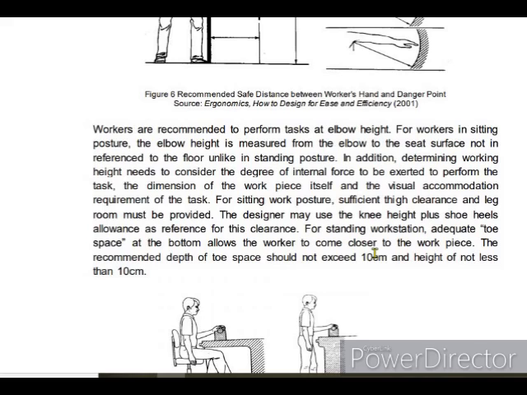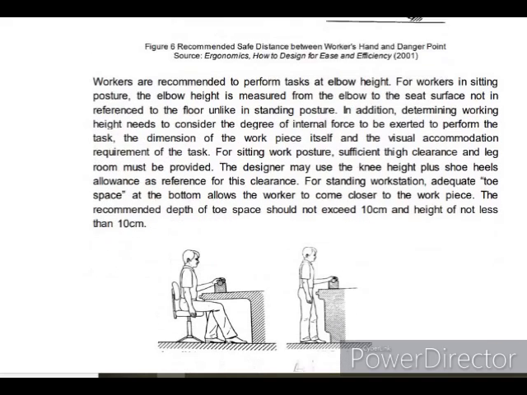For standing workstations, advocate spaces in the toe, at the bottom, which allow the worker to come closer to the workpiece. The recommended depth of toe space should not exceed 10 centimeters, and the height should be not less than 10 centimeters.